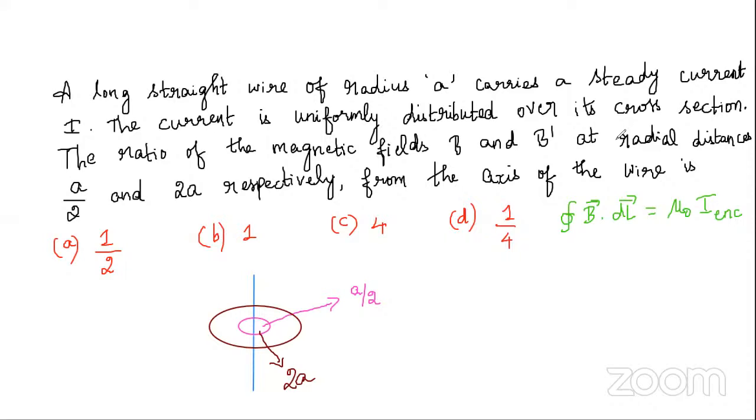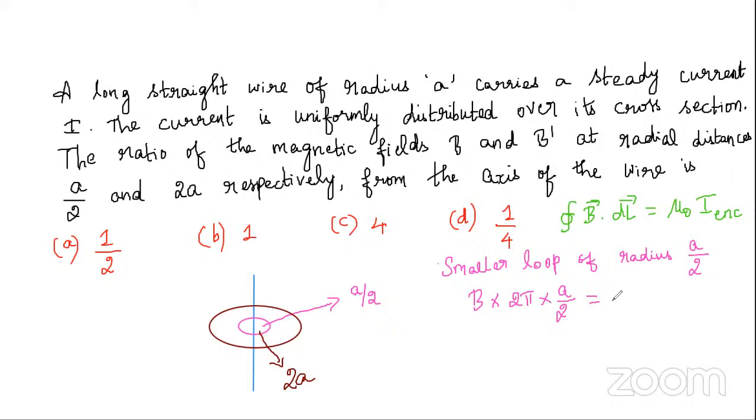So for the smaller loop, in rose color here, B into dl, where dl is the circumference of this loop of radius a by 2, gives B into 2 pi into a by 2.